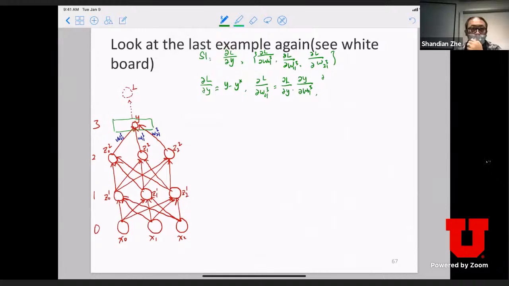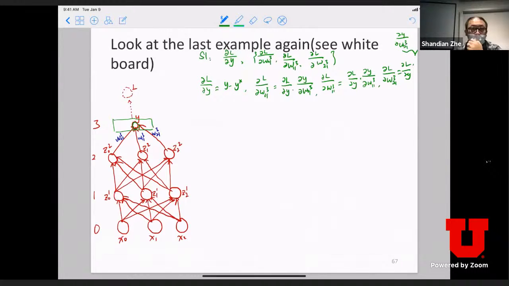Similarly, partial L over partial W113 is partial L over partial Y, because remember the target node is always the alpha neuron, and then partial alpha neuron over partial W113. And partial L over partial W213 equals partial L over partial Y times partial Y over partial W213.